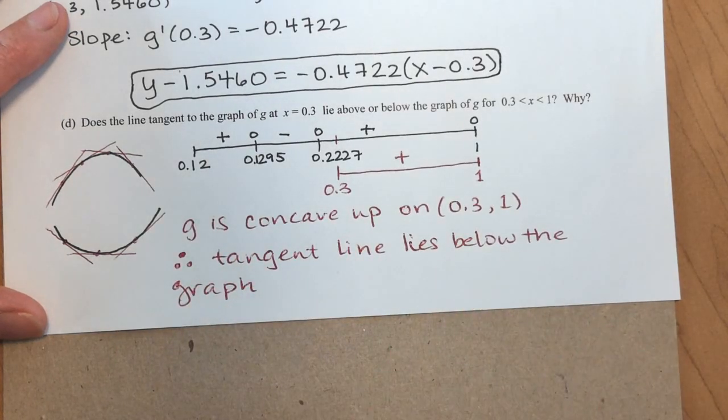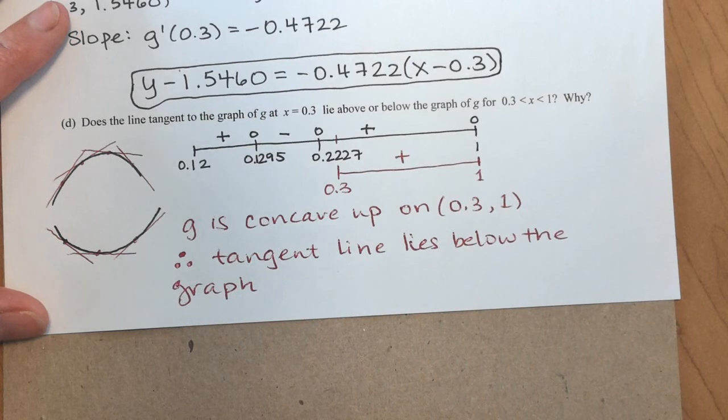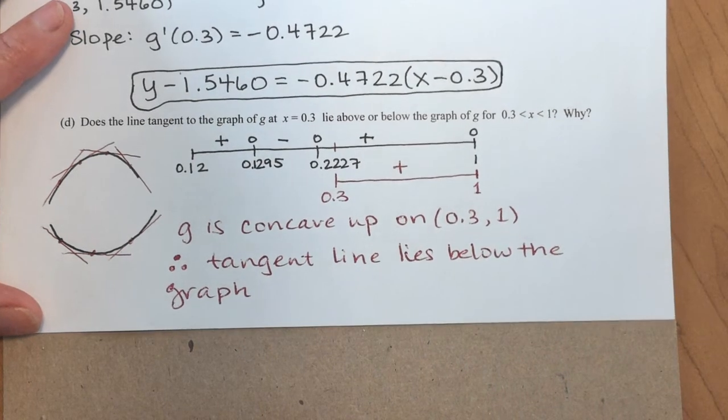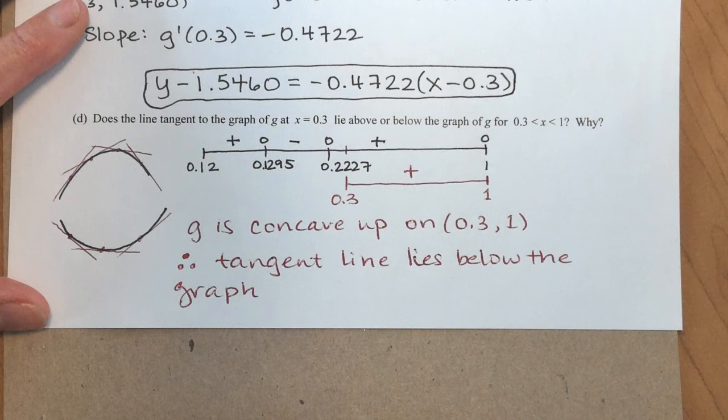If you were to use the tangent line to approximate a value of the function in this interval, this would be an underestimate because the tangent line is below the curve. All right, that's it.